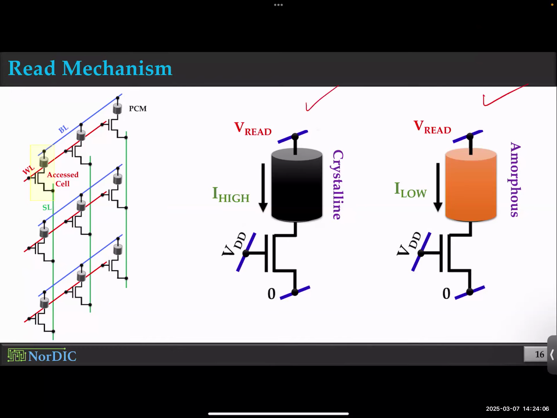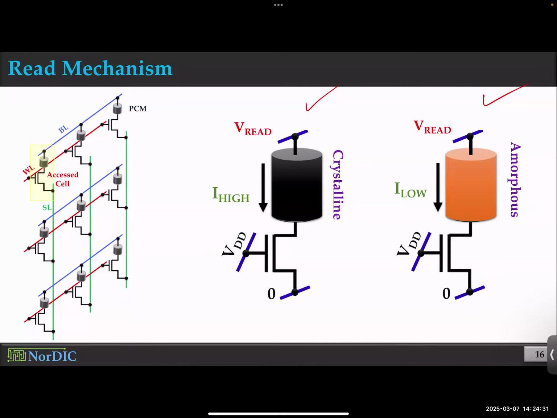Have you seen this before in several other memories? Essentially, it doesn't matter whether it's a PCM or an MTJ, this is giving you two different resistance levels. So in terms of array structure or the approach towards read and write, nothing changes except for one thing: the programming. The programming is different for phase change memory versus STT-MRAM versus others.